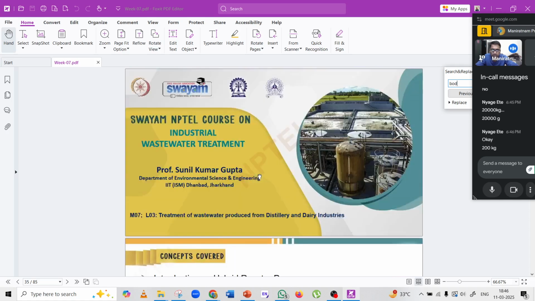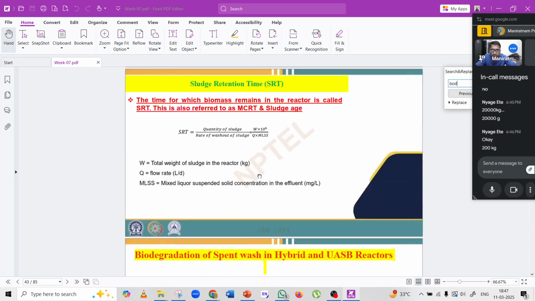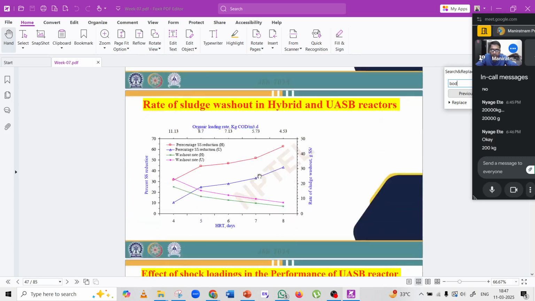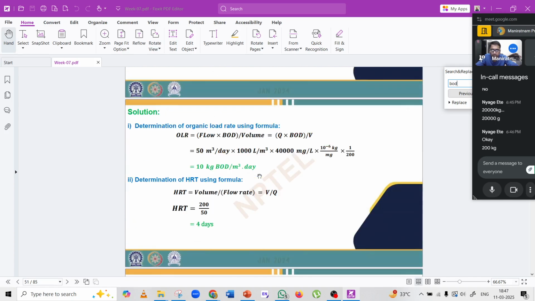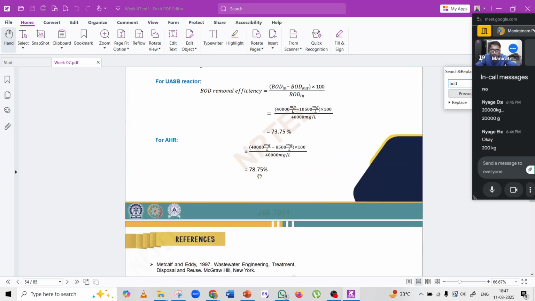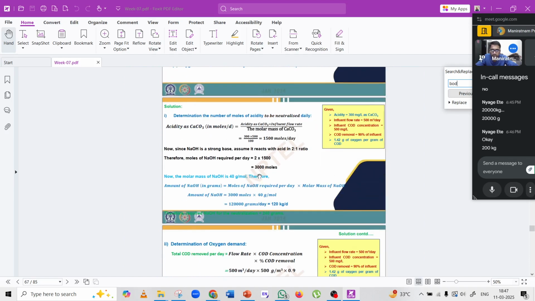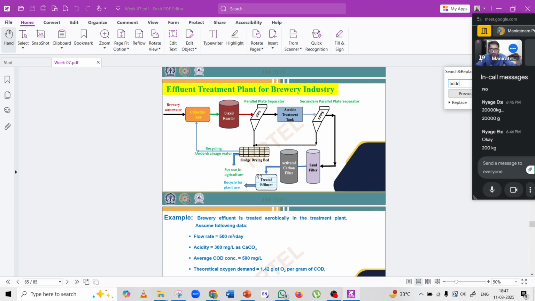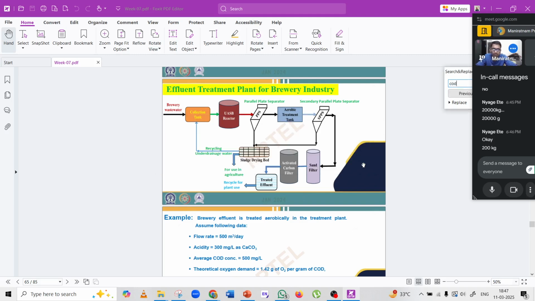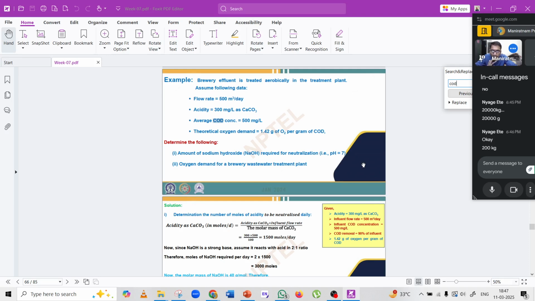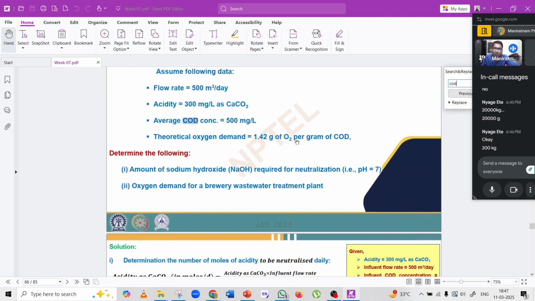Methane production is this much. Remember, 1.42 gram of O2 per gram of COD.